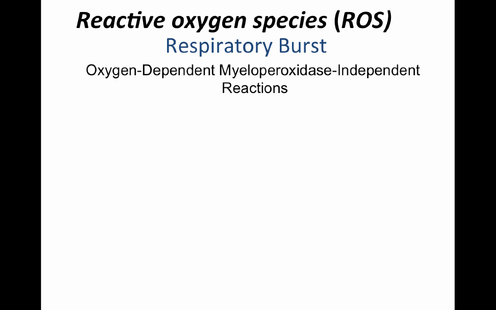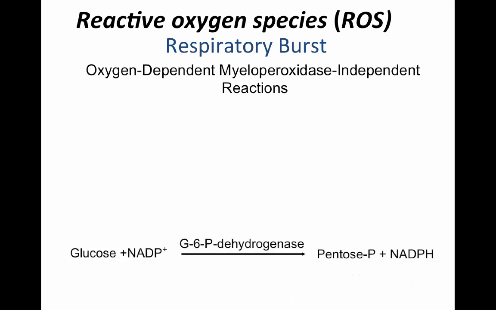Here we're going to go into a little bit more detail about reactive oxygen species, also known as the respiratory burst, because this is a very essential mechanism used by cells of the immune system in the killing of microbes. For example, oxygen-dependent myeloperoxidase-independent reactions.